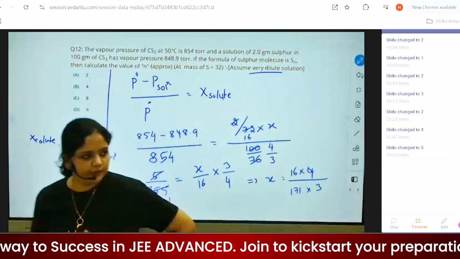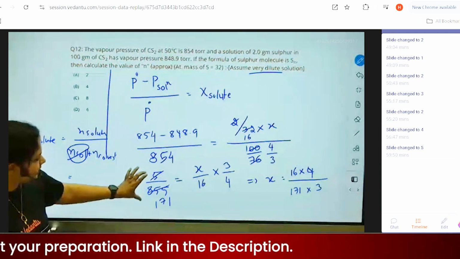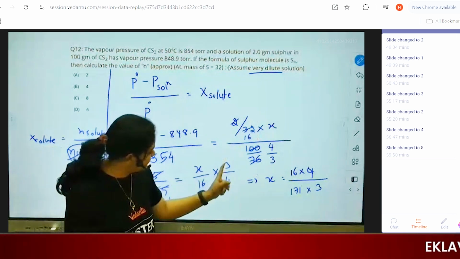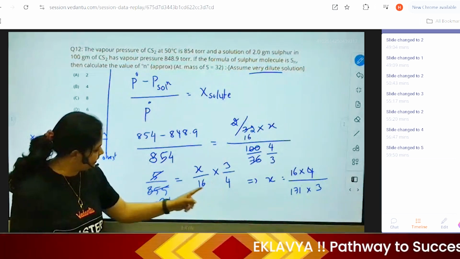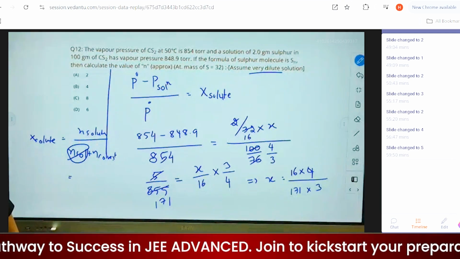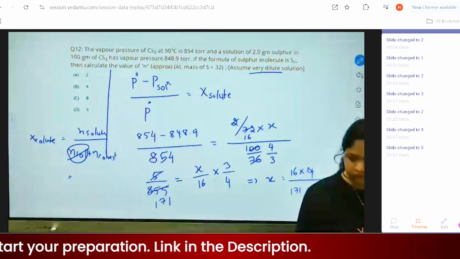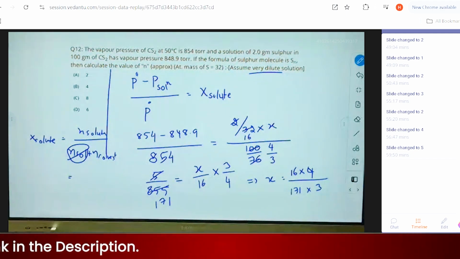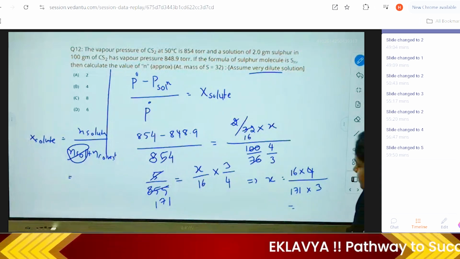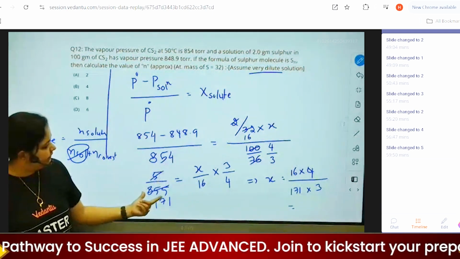This comes up to be 5 divided by 171, correct? X divided by 16, correct? Multiplied by 3 comes up 3 by 4, correct? 16 into 4 divided by 171 into 3. Just 1 minute, let me just read. 4 by 3, 16 4. Here 854, P naught by, this is 5, this is 855.